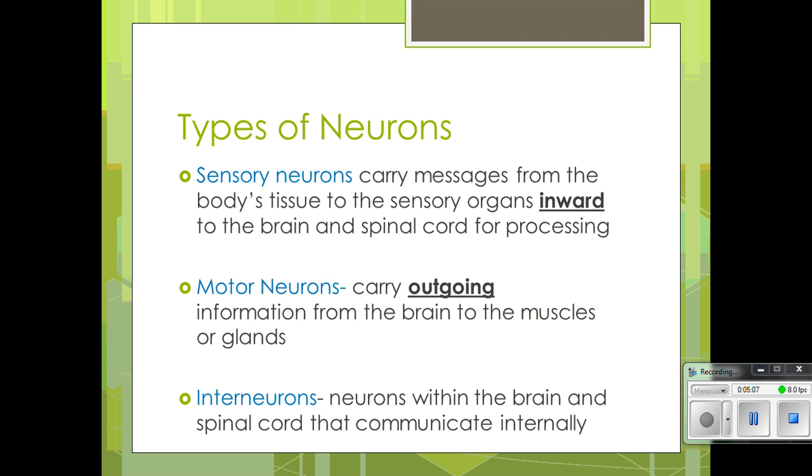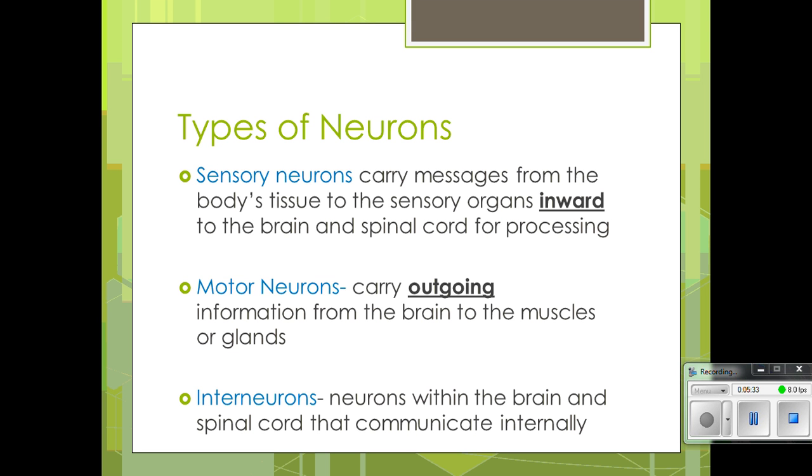Once it gets up to the brain, the message then travels to an interneuron. And these are neurons that communicate within the brain. Okay, so they're going to send that message to your interneuron. Then the interneuron is going to send the message to motor neurons. And these are then messages that help send, hey, a message to the bottom of your foot, and may tell you, oh my gosh, pain.